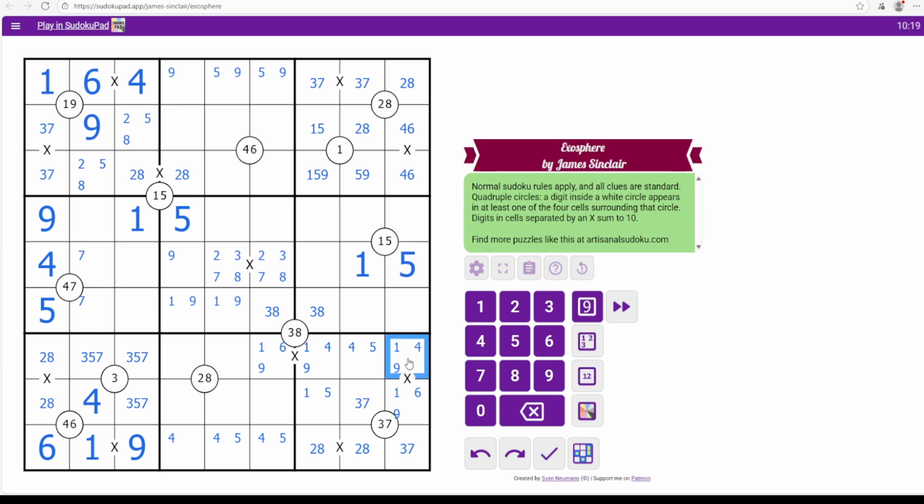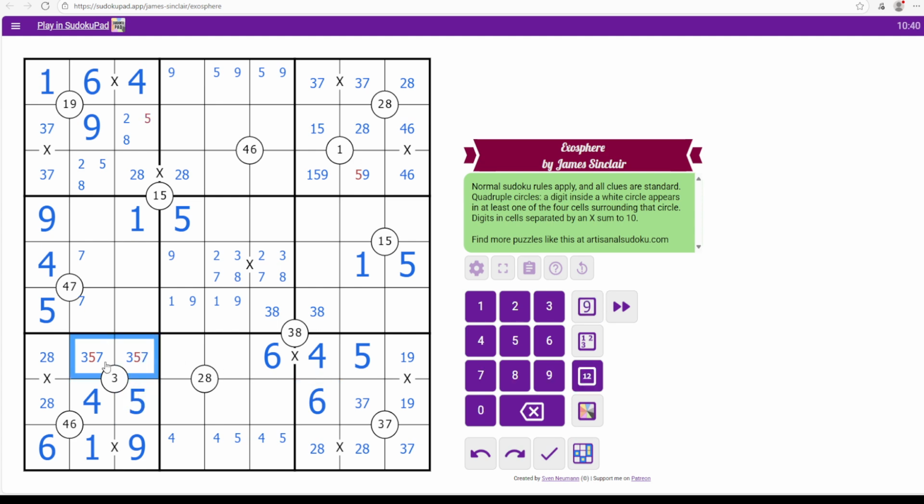Oh wait, yeah, they're 4, 6, so we can solve it. Well, not solve it, but we know they're 1, 9. Which makes that a 4 and that a 6. So we know that can't be a 1, they are a 5, 6 pair, which we can solve. Makes that a 5.